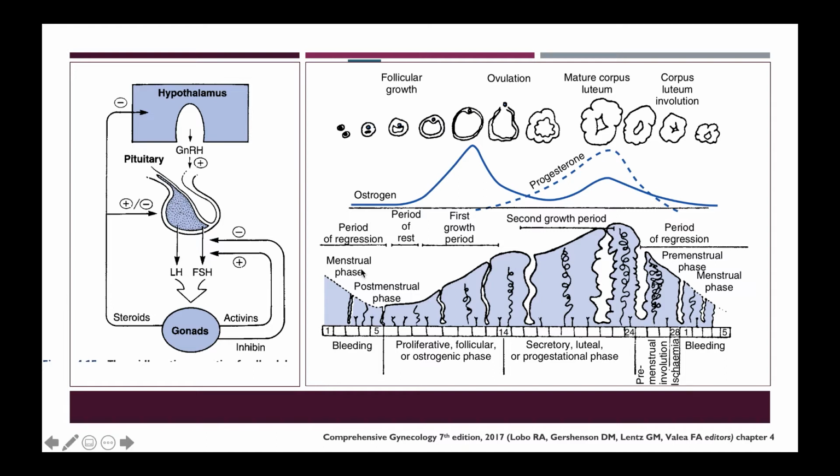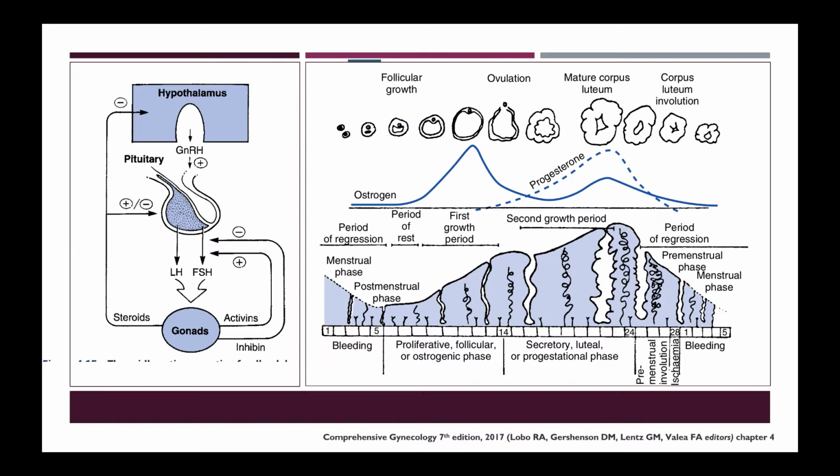Estradiol 17 beta is a potent inhibitor of GnRH and gonadotropin secretion. The threshold for the negative feedback action of estradiol is such that even small increases in the levels of the hormone induce a decrease in gonadotropins.